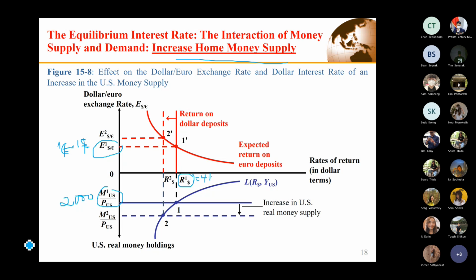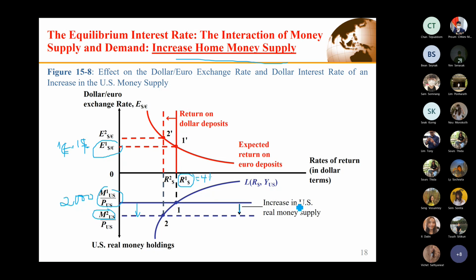So equilibrium is at this point when the interest rate is R1. But now the central bank in the US decides to print more money and increase the money supply. So we see that the money supply curve moves, suggesting that money increased from M1 to M2, because they print the money and put it into the economy, providing this money to the public or as loans to borrowers.